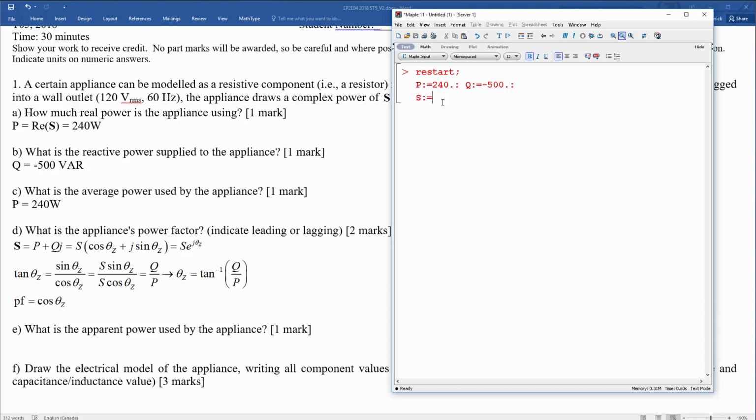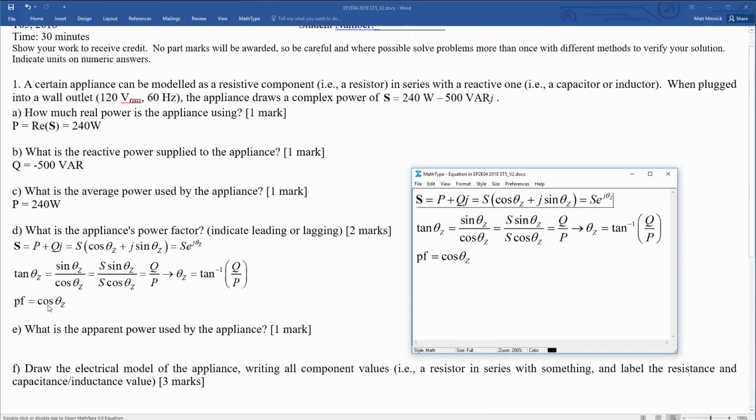And then we've got S is equal to P plus Q times I. Okay, looks good. Then we can say that theta Z is equal to arctan of Q over P. There we go. And then the power factor is the cos of theta Z.